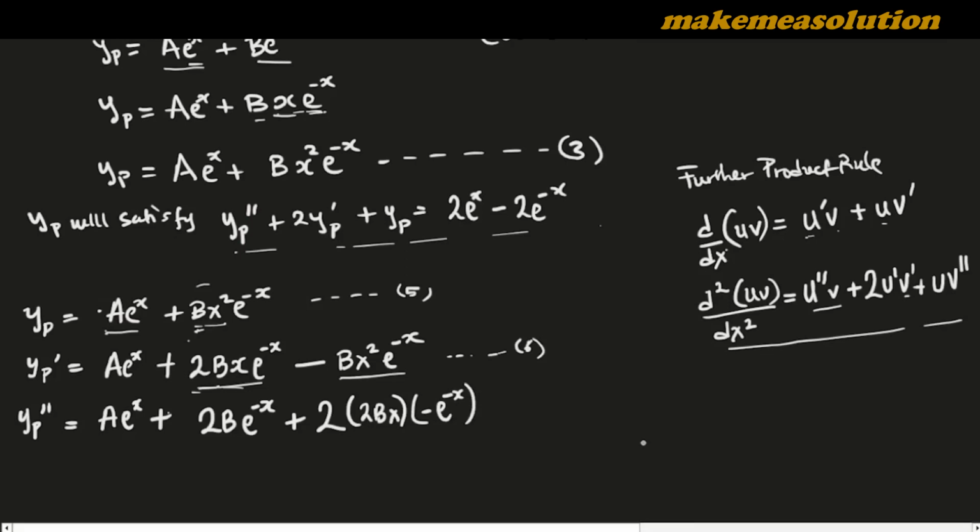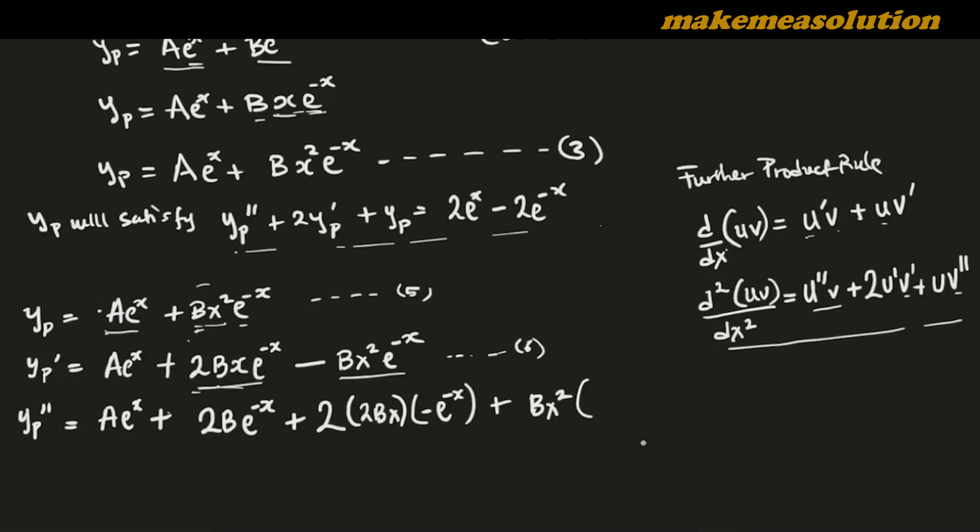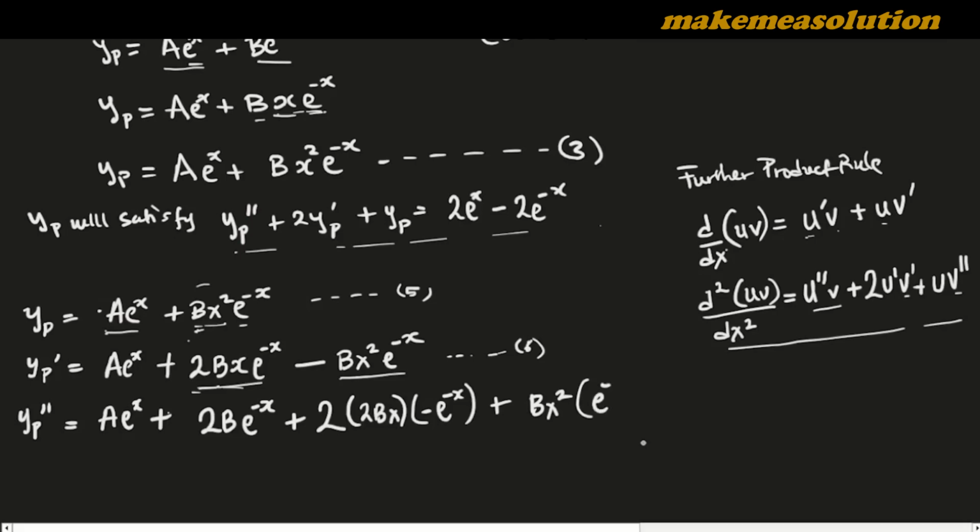Then finally in the last portion of the formula, we now have plus. U is going to remain as it is, which is bx squared. Then we differentiate v two times. The first time you differentiate exponential minus x, it will be minus exponential minus x, and the second time it will be minus minus exponential minus x, which is exponential minus x.